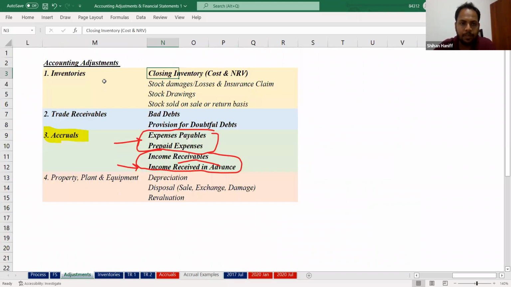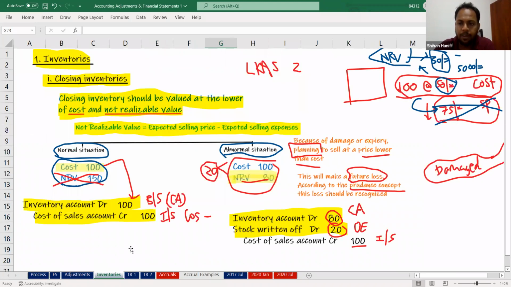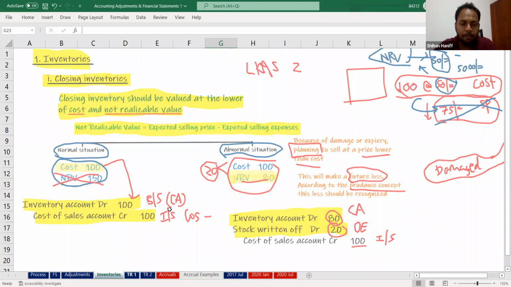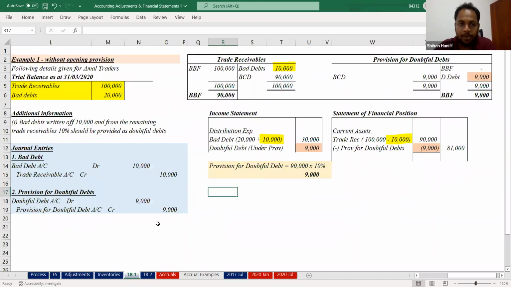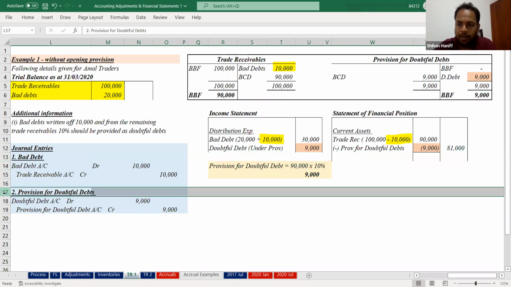Then I was explaining the important accounting adjustments, inventory, trade receivables, and accruals. And inventories, the closing inventory, the cost and the net realizable value. Then the debtors or trade receivables related adjustments, the bad debt, provision for doubtful debts, special provision, and general provision.